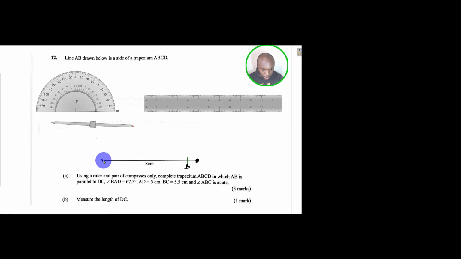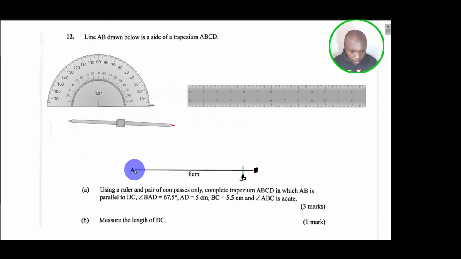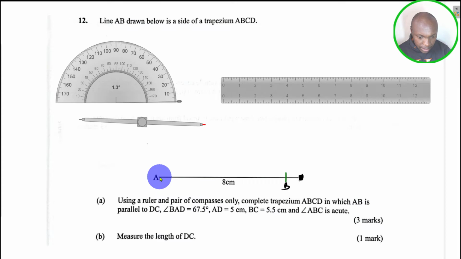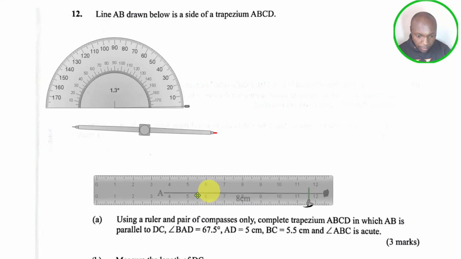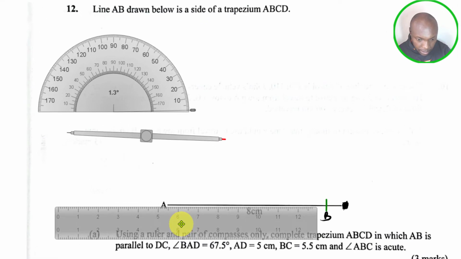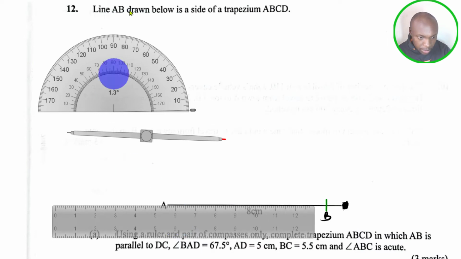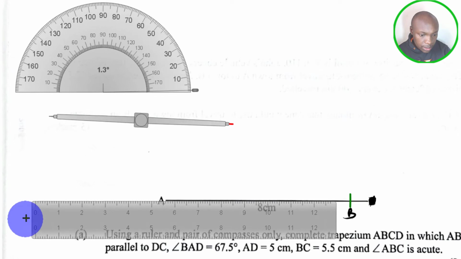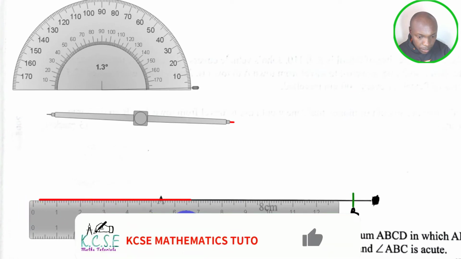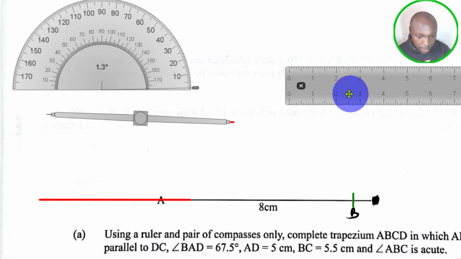To construct 67.5 degrees, we shall first construct 90 degrees at A. To do that, I'll first extend this line, because the way it is, I may not be in a position to mark arcs. So let me extend it. So to construct 90 degrees at this point A.